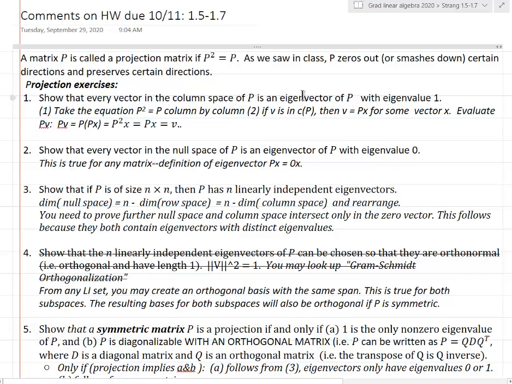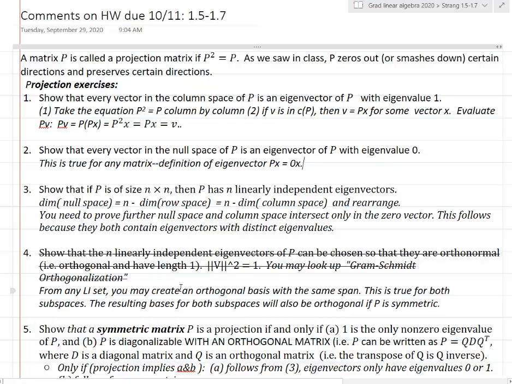So it cannot be an eigenvector with eigenvalue 0. And conversely, every vector in the null space is an eigenvector with eigenvalue 0, so it cannot be in the column space. So these two spaces are disjoint except for 0. Their dimensions add to the dimension of the total space. So we have n linearly independent eigenvectors.